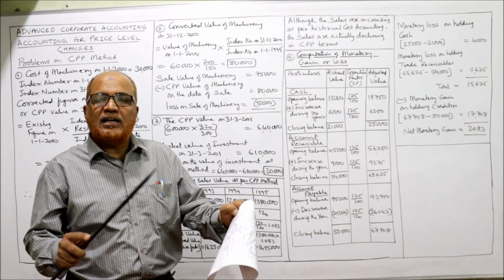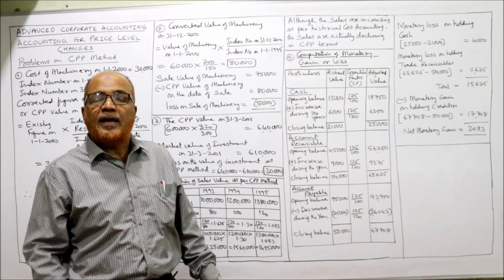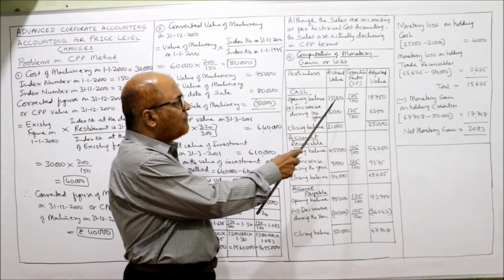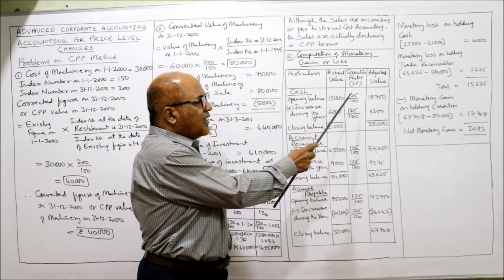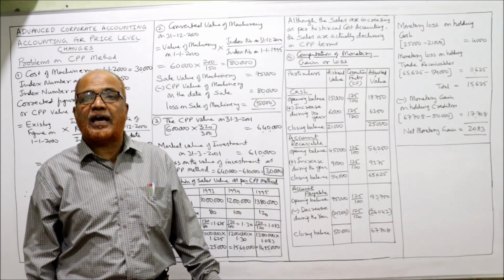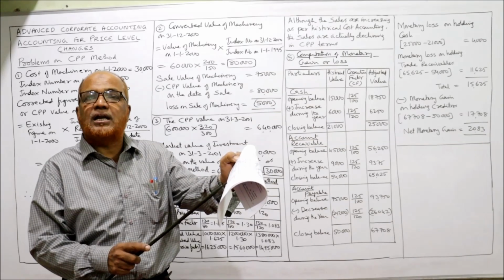The opening cash 15,000. Now correction factor. End of the year 31st March 2010, what is the index number? 125. So numerator 125. Denominator, the index number on 1/4/2009, beginning of the year, was 100.